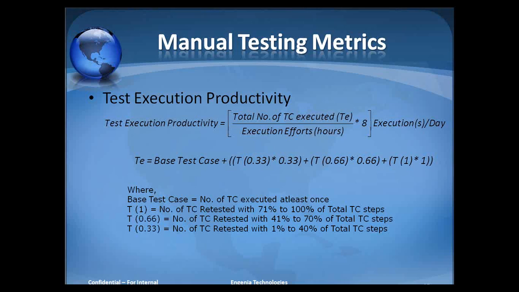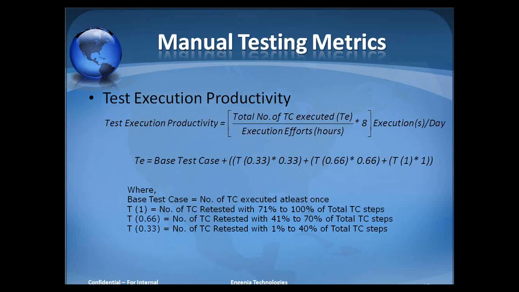This is an averaging factor, and the next factor is T.33, which is the number of test cases retested with less than 40% of the test case steps. So we are calculating a weighted average of all the execution rates to give us detailed information.